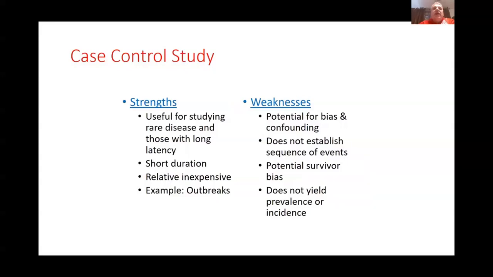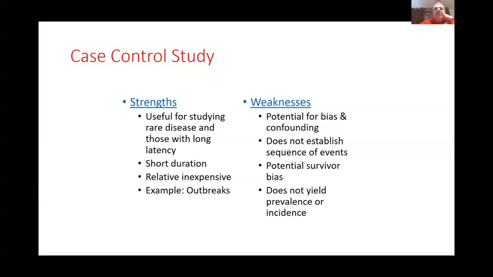The strengths: it is very useful for studying rare disease, short duration, inexpensive, and very helpful in outbreaks, like it could be a helpful study design to study the COVID-19 pandemic now.